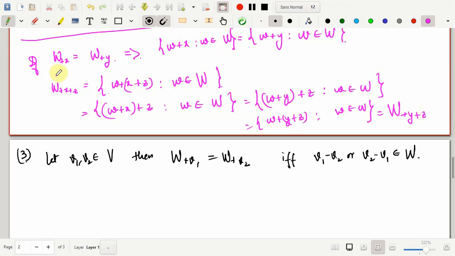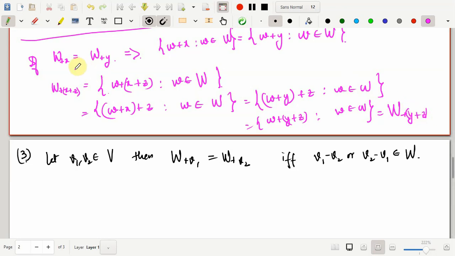What I mean to say is that if two cosets are the same with different fixed points, then I can add one more point to both. So this would be the coset generated by the point x plus z, and this would be the coset generated by the point y plus z.